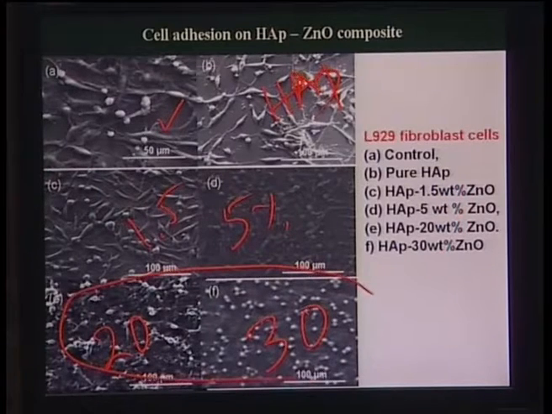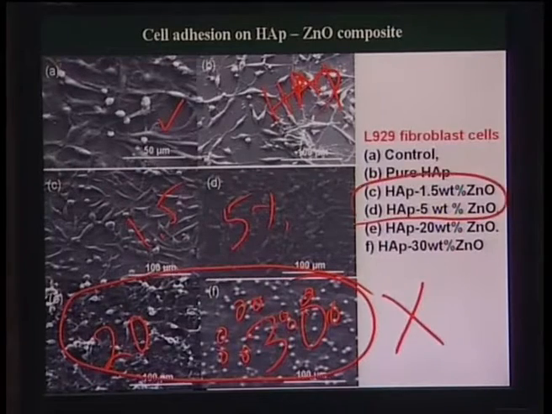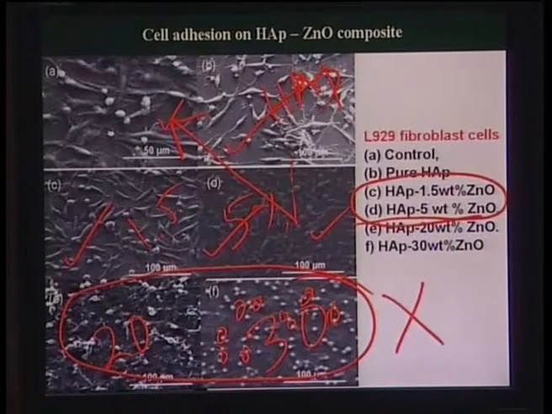Both 20 and 30 you cannot use for any applications which require good cytocompatibility, because the cells are much more spherical in shape, which essentially indicates that the cells are apoptotic, or have died in contact with a higher amount of zinc oxide. However, at a lower amount of zinc oxide, up to 5%, we do see cell proliferation and cell fate processes which are comparable with the control or with the pure hydroxyapatite material.